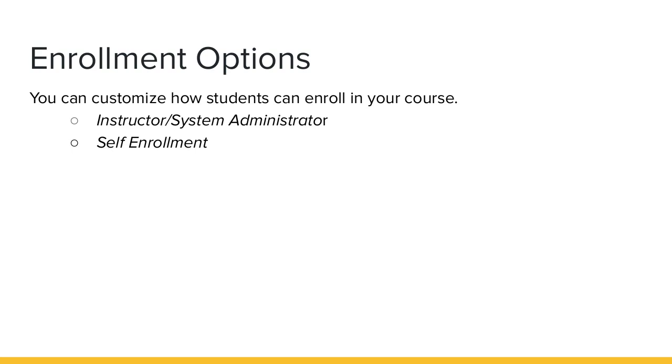I would say it is really dependent on what type of course you have. For example, for any of your formal courses, I would say that you want to have instructor enrollments, because that gives you control over who is enrolled in your course, especially if you have a limited number of quote unquote seats. Self-enrollment is good if you have a course that is maybe self-paced and it doesn't really matter how many people are in the course.